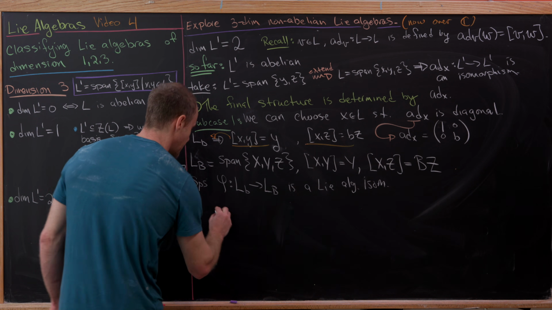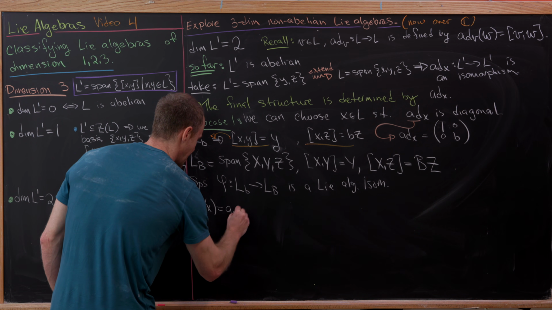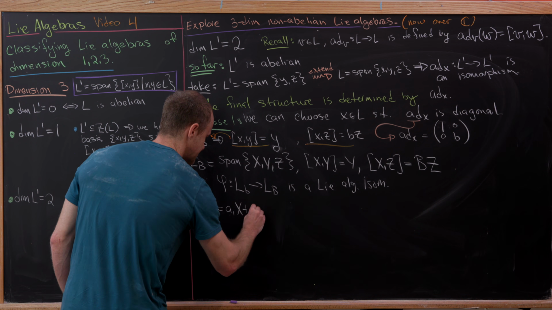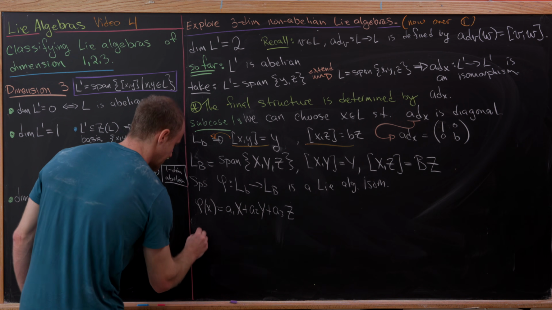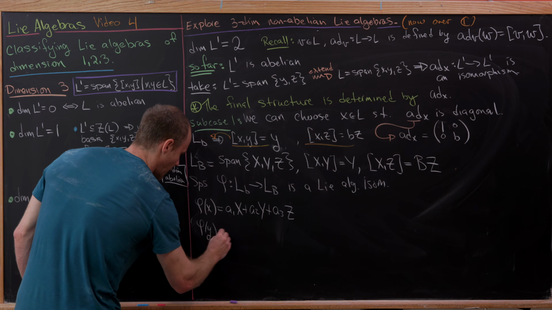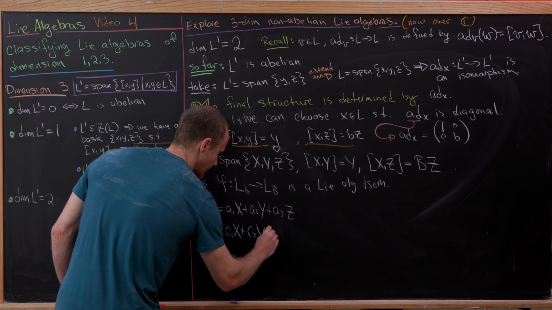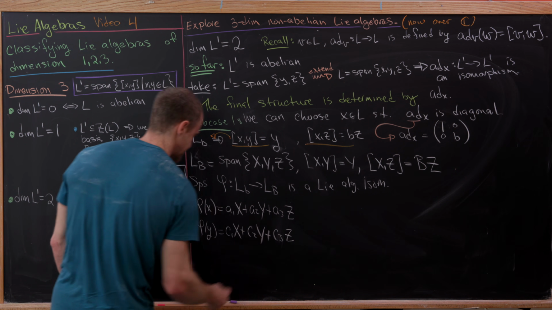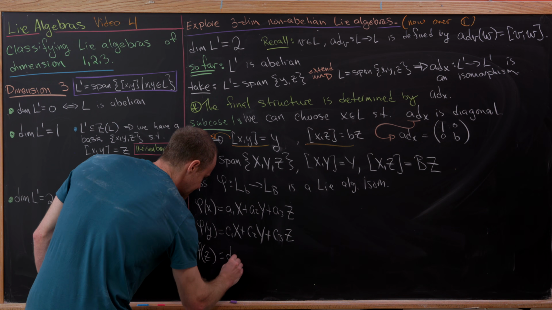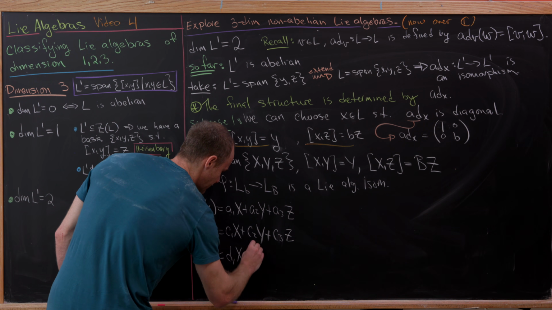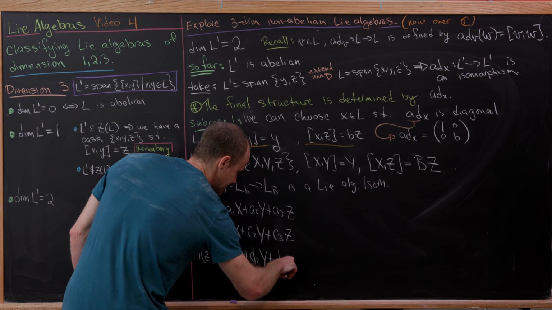And then let's say that phi takes lowercase x to a1 X + a2 Y + a3 Z, and then it takes lowercase y to c1 X + c2 Y + c3 Z. And then finally it takes lowercase z to d1 X + d2 Y + d3 Z.